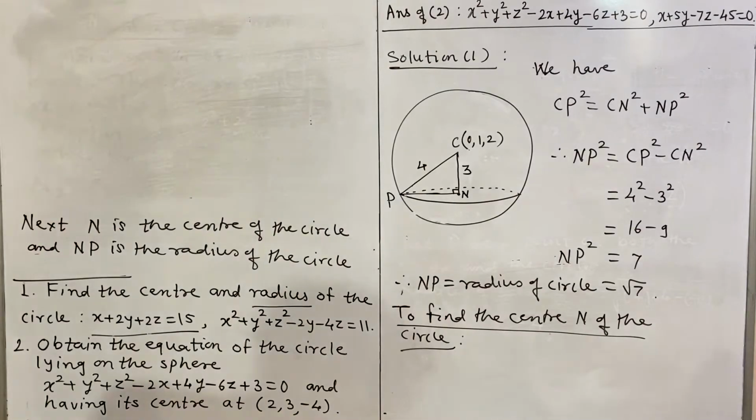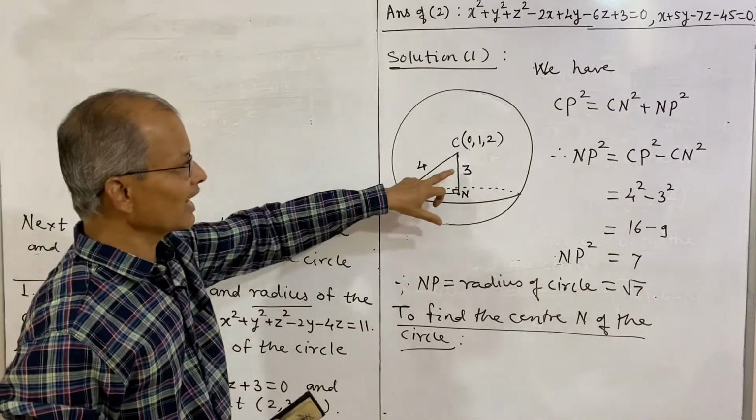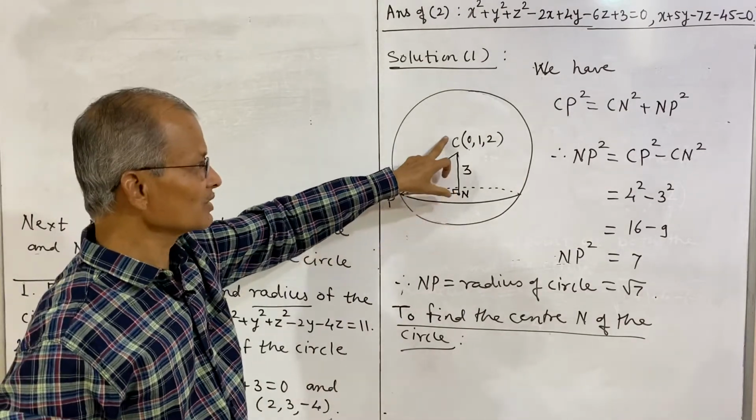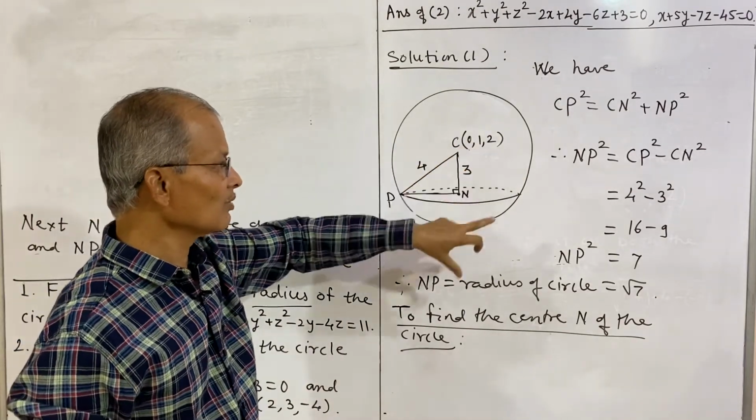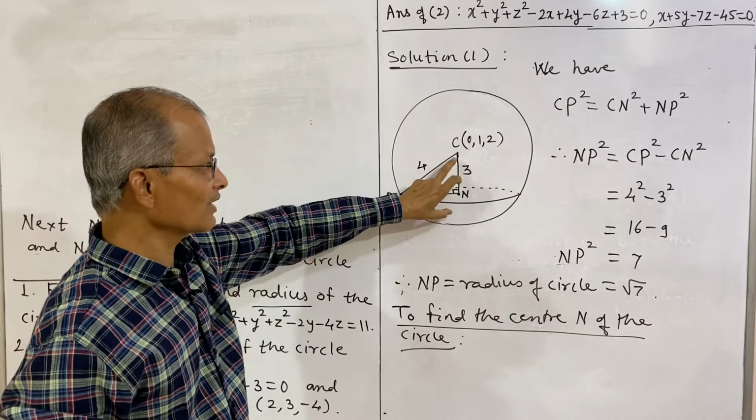Now what is the line Cn, what will be the DRS of the line? Line Cn passes through the center, that is 0, 1, 2, and we shall write the DRS of line Cn.